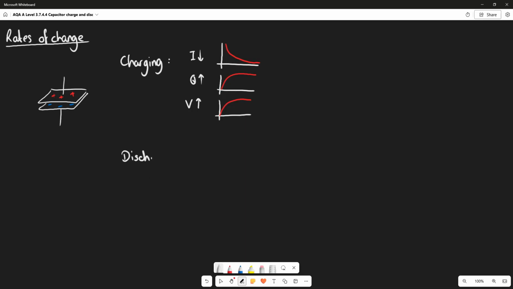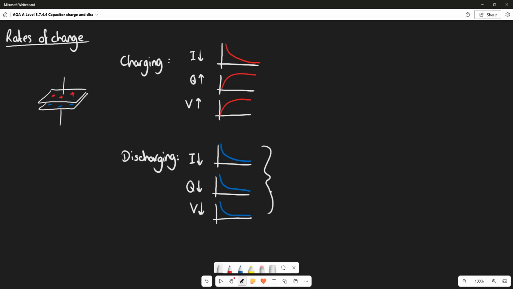For a discharging capacitor, again, current will be decreasing, the charge stored on it is decreasing, and the voltage across it is also decreasing. We will have a look at these graphs first, given that they are all the same shape, and this situation is slightly more complex.